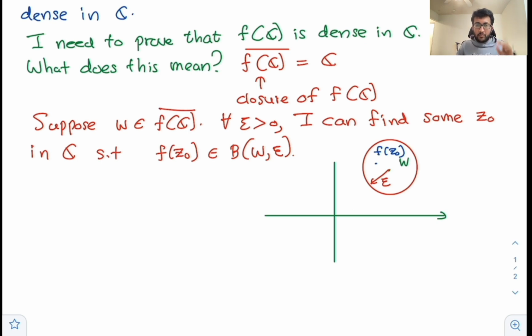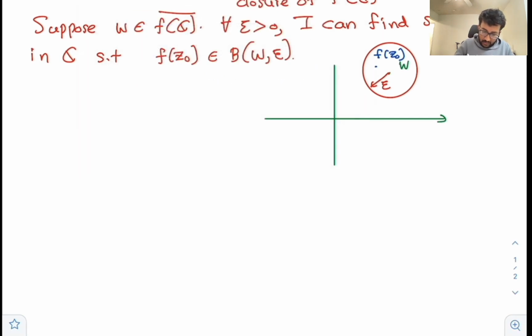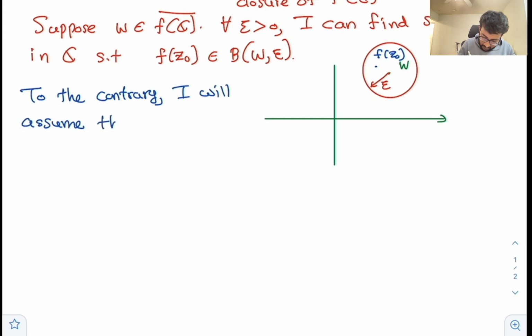First I will assume that the closure of f(C) is not going to be equal to C. To the contrary, I will assume that the closure of f(C) is not equal to C. What does that mean? The closure of f(C) is not equal to C.